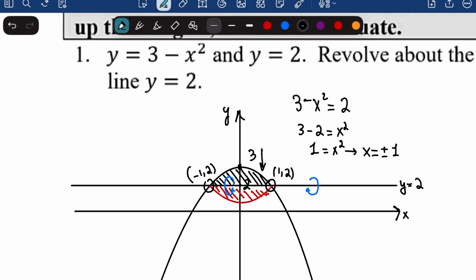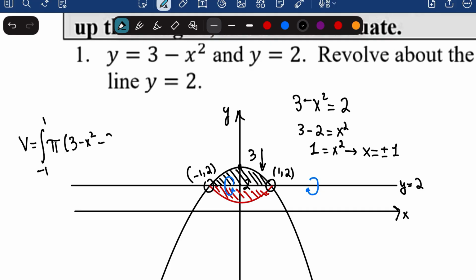Okay, so now since I know the bounds of my integration, the volume equals the integral from negative 1 to 1 of pi times the radius function squared. What's the radius function? Projection down, it touches 3 minus x squared first. So it's going to be 3 minus x squared, and then it is going to go down to y is equal to 2.